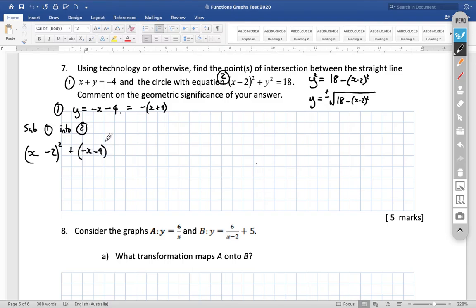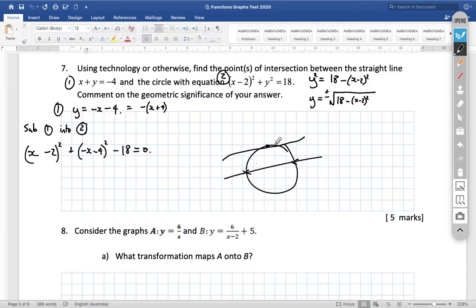When you square this, you're going to get positives everywhere. Equals 18. Maybe we do minus 18 equals 0. Because we may have two solutions. When you've got a line and a circle, here's your options. There, two solutions, or it's a tangent.